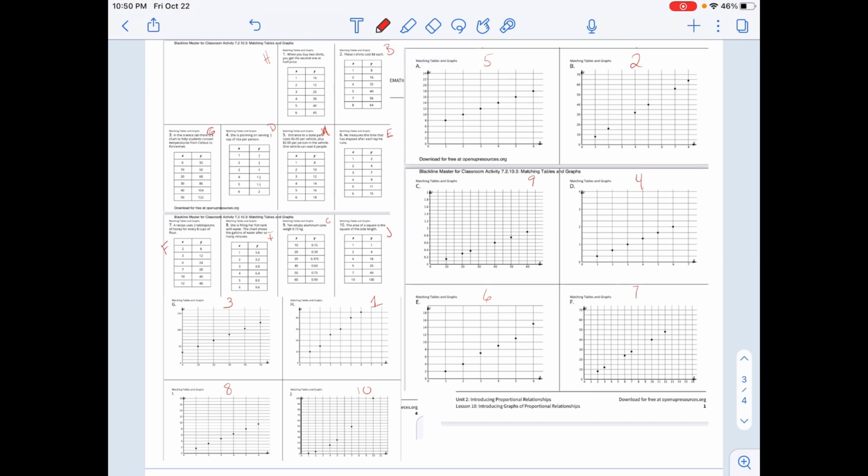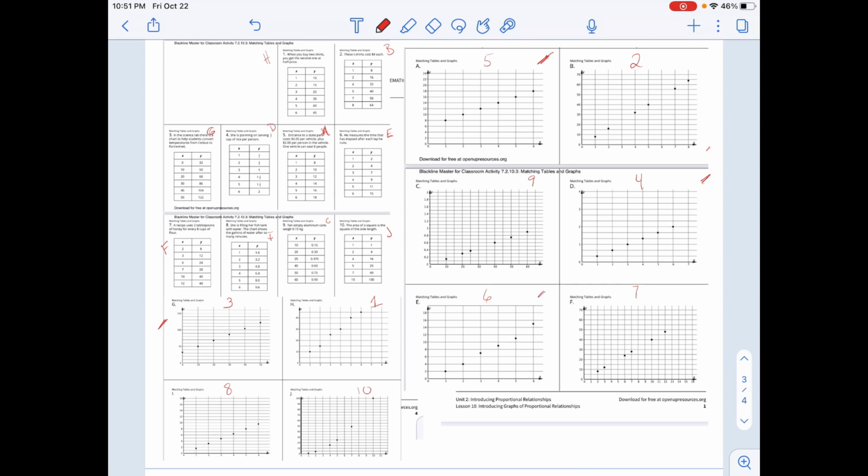So table 1 refers to H. So this one right here. Table 2 refers to B, which is over here. Table 3 refers to G, which is right here. 4 refers to D, which is right here. 5 refers to A, so that first table up top here.